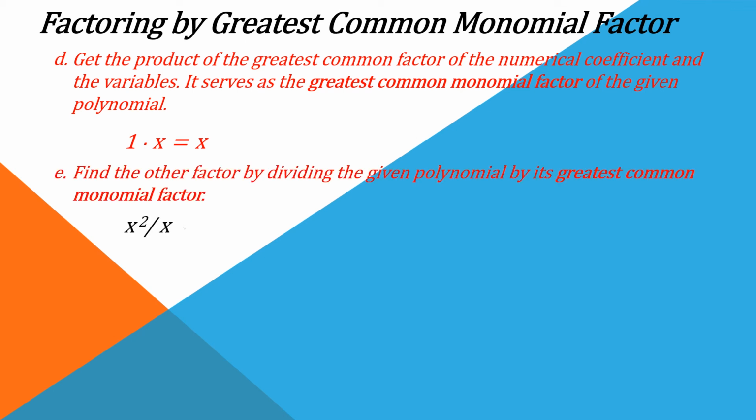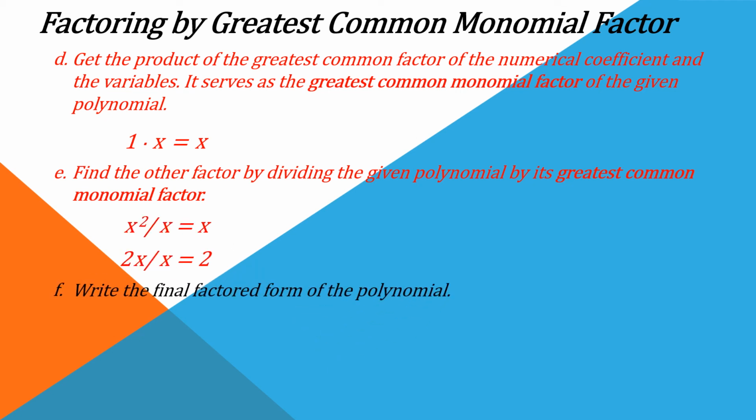For x squared divided by x, it is equal to x, and for 2x divided by x is equal to 2. And we have the final factored form of the polynomial: x squared plus 2x is equal to x multiplied by x plus 2.